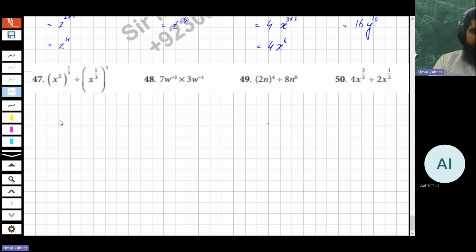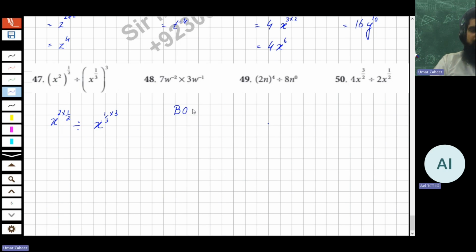Okay, the power on the power they will multiply. So 2 multiplied by 1 by 2 divided by x raised to power 1 by 3 multiplied by 3. I'm just going to apply the powers. Because you know that the basic rule you have to learn is BODMAS.